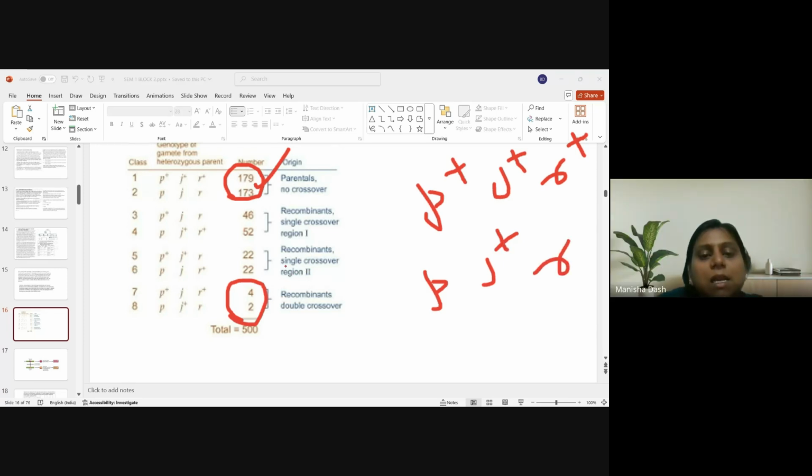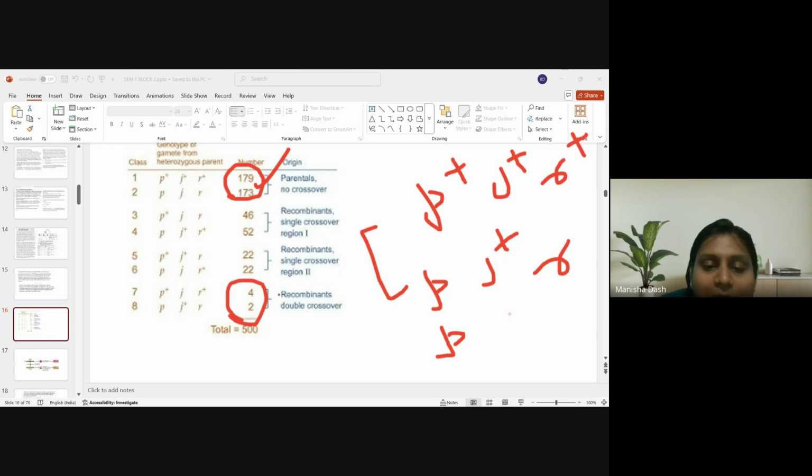Now, compare one of the parental genotypes with the double crossover genotype. The parental genotype is P plus J plus R plus, or what is the other parental genotype?